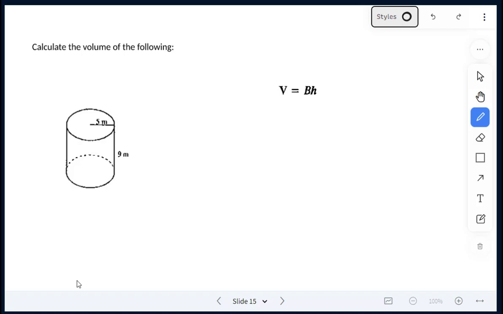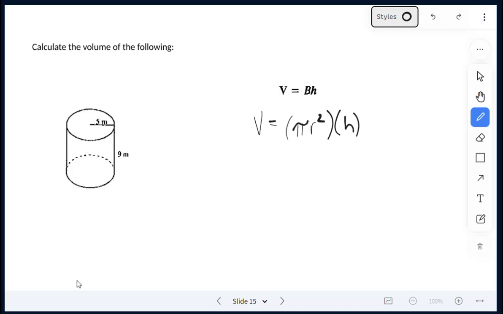So this time, our base is a circle. So the formula for that area of a circle, remember, is pi r squared, and then we would multiply by height.